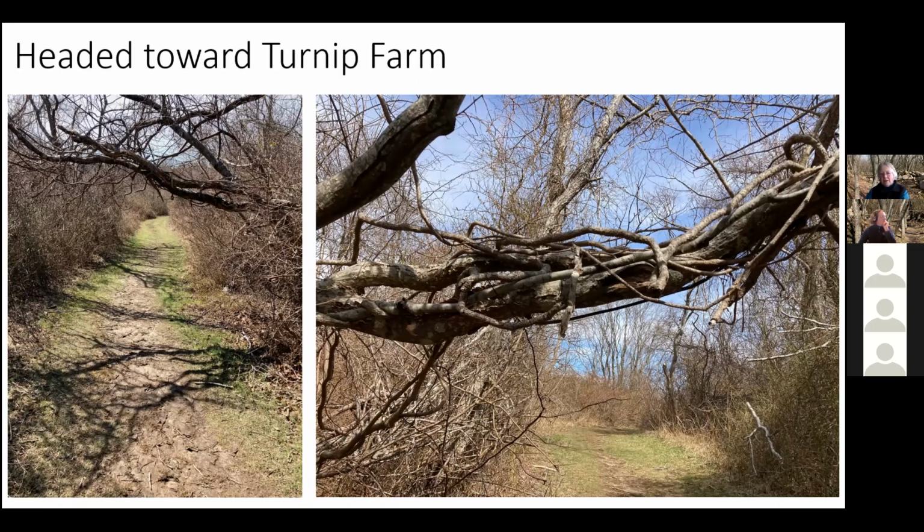In this case, it had another branch, but it also had some, oh my goodness, well, it'll come to me in a second. Bittersweet. It has some bittersweet twined around it, which is a good example of why the twining vines are so detrimental. They twine around the tree, they shade out the tree when they're in bloom, so it doesn't get enough sunlight.